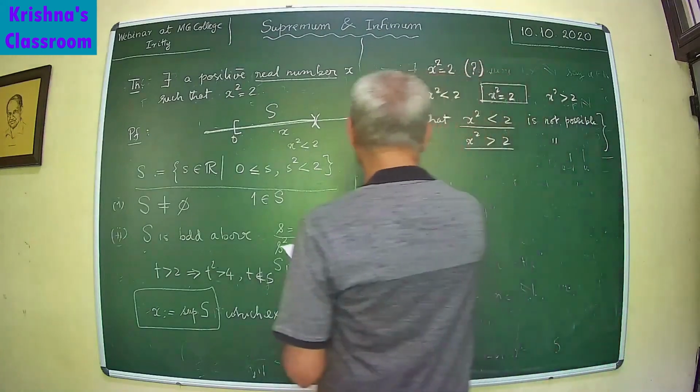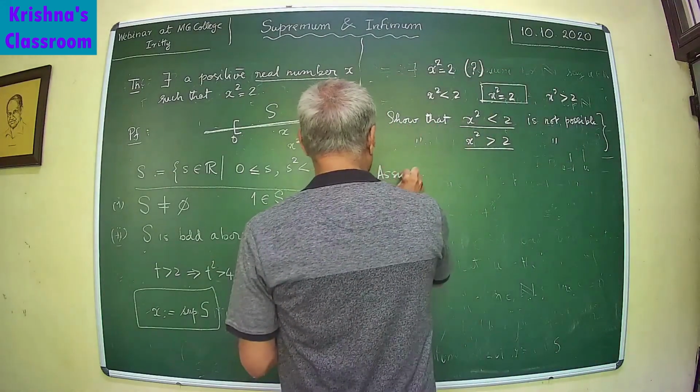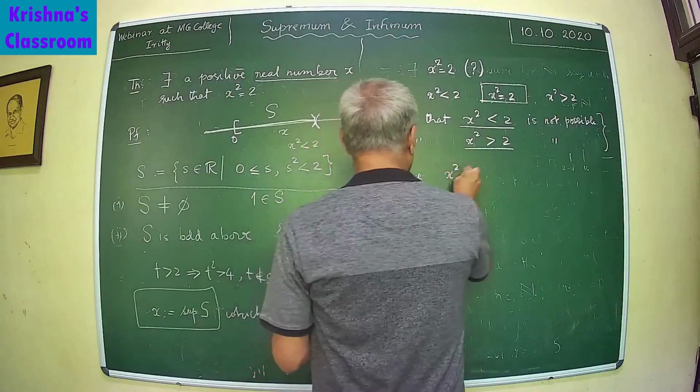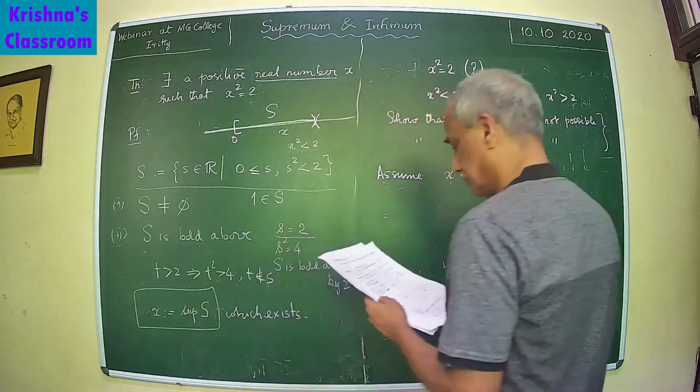Okay, so assume x square is less than 2.